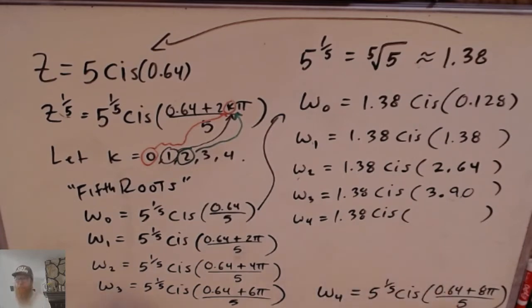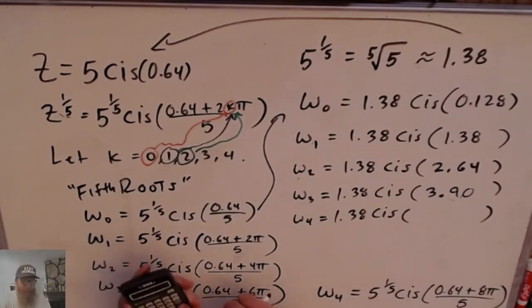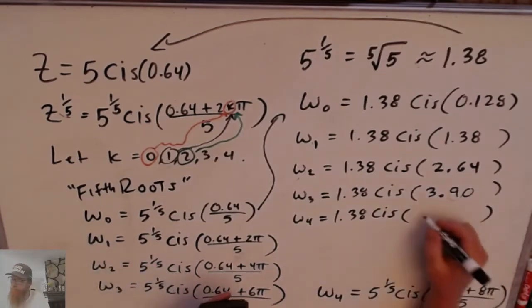And one more, this one down here at the bottom, 8 pi. So I've got 0.64 plus 8 pi. 4, 5, 6, 7, 8. I know that's not the most elegant way to do it, but, and then divided by 5.